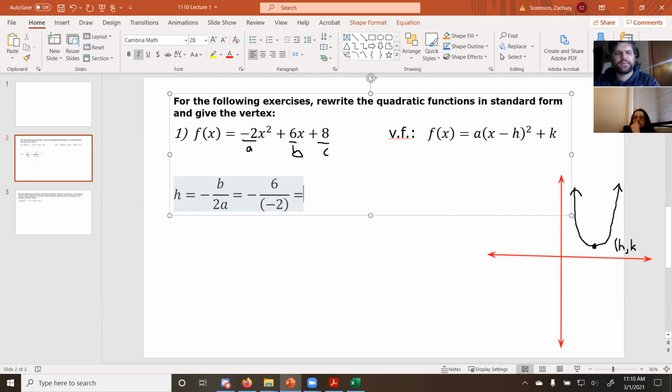Negative times a negative gets me a positive. So this is really the same thing as 6 over 2, which is equal to 3. Everyone clear with that? Okay. So you're not multiplying a times 2? Yeah. Oh, yeah. Thank you.